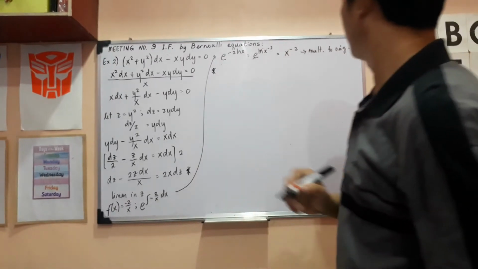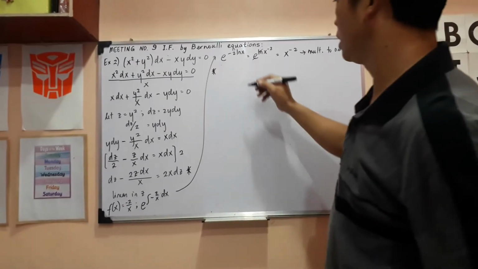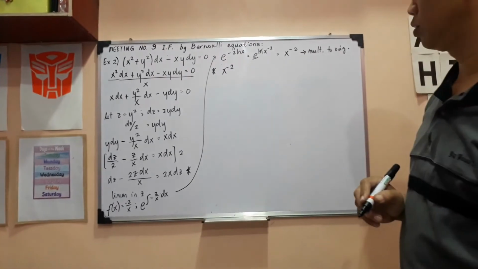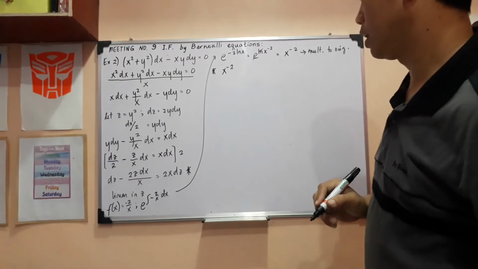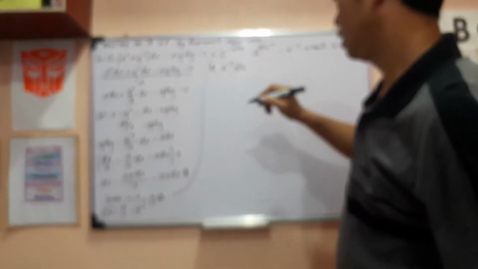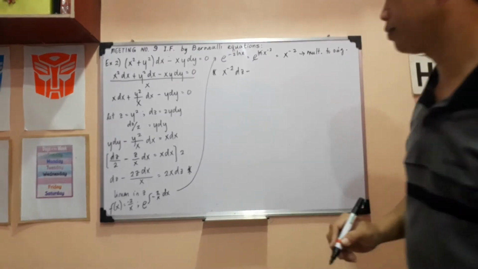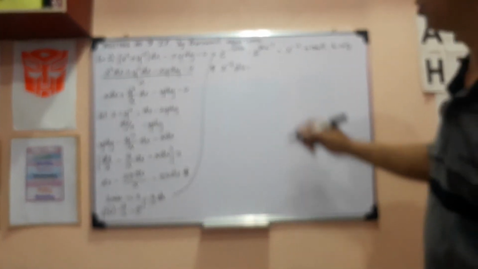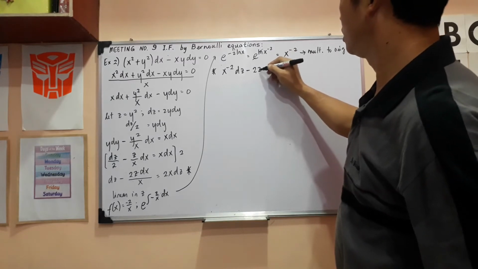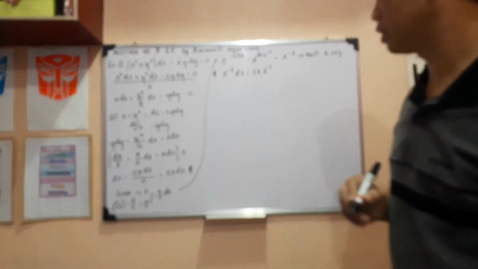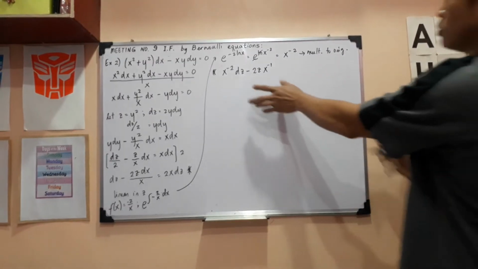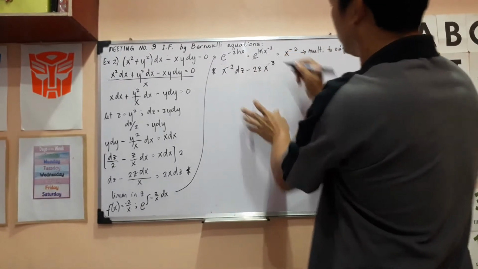So pag multiply yung x raised to negative 2, magiging x raised to negative 2 dz and then minus 2 z, x raised to negative 1. Okay. Pag multiply natin ito, magiging negative 3 na. Bakit ganon?